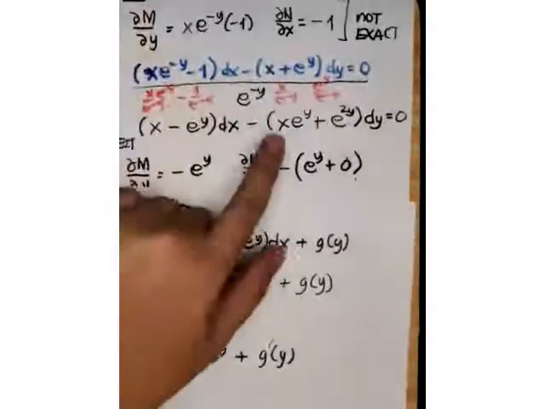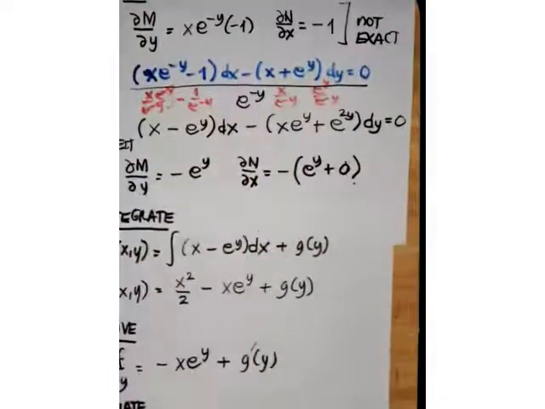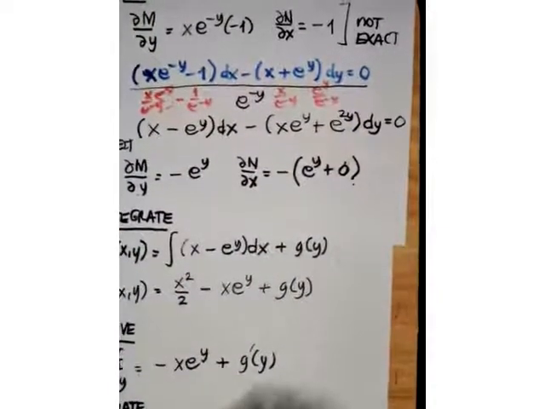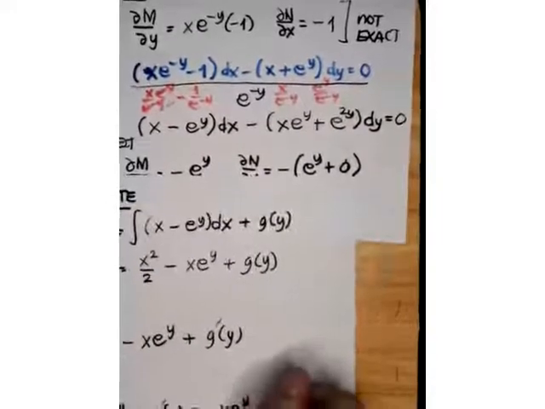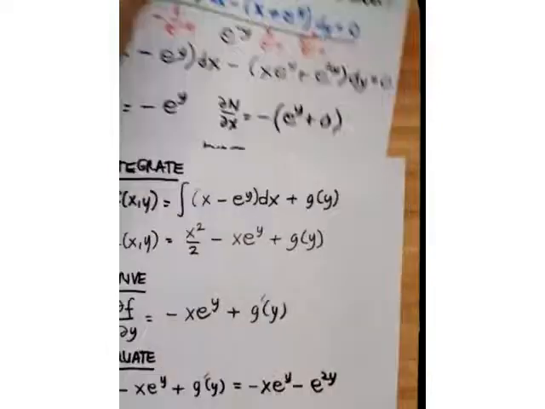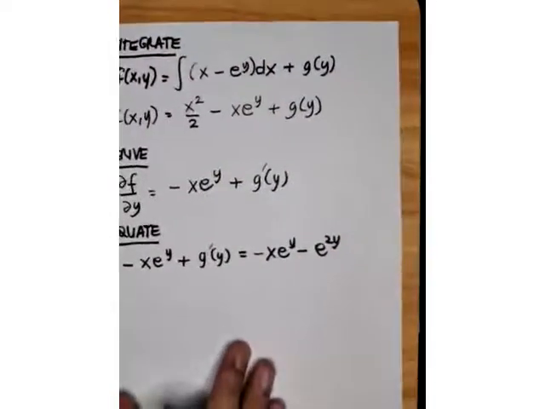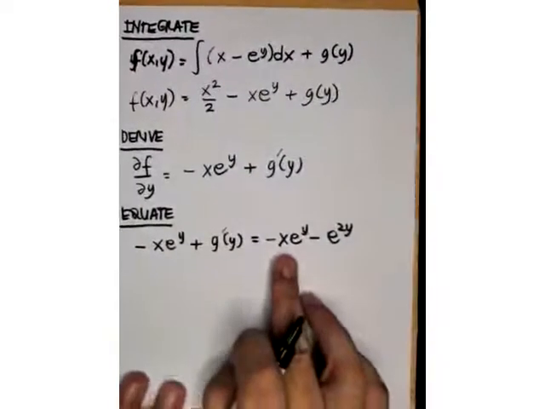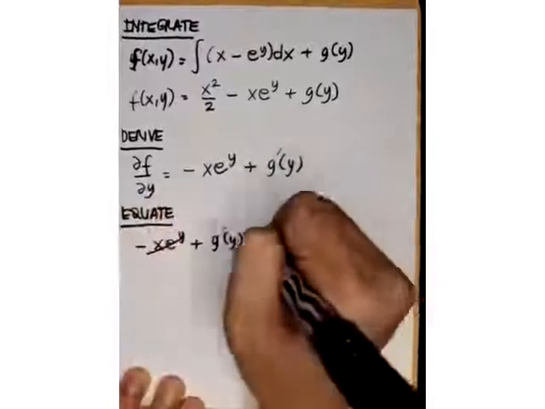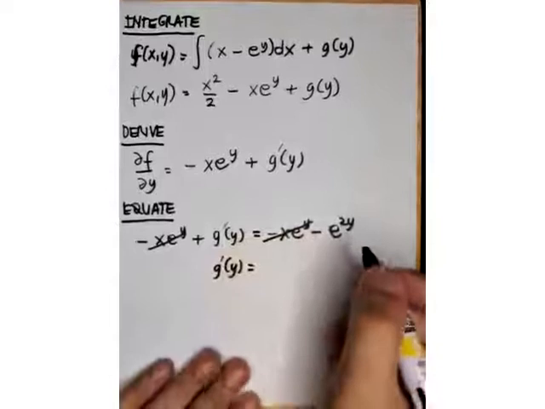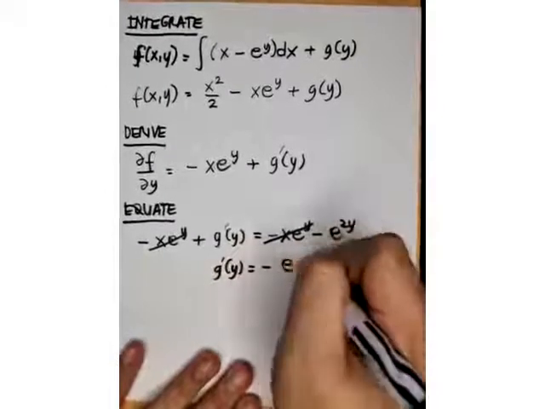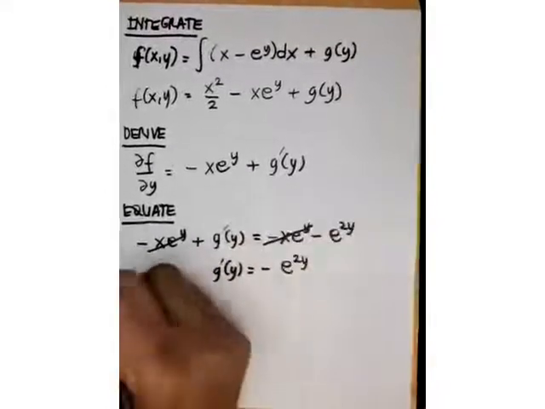Based dito, N is negative x e raised to y minus e raised to 2y. So dinistribute ko na yung negative sign. Then we can cancel this. So therefore, g of y prime is negative e raised to 2y.